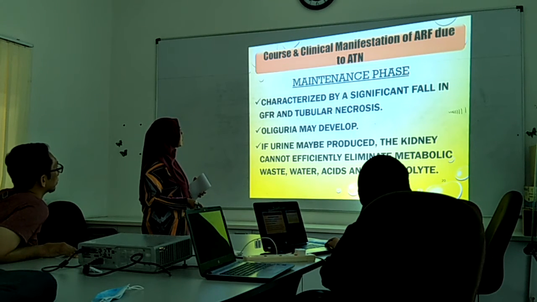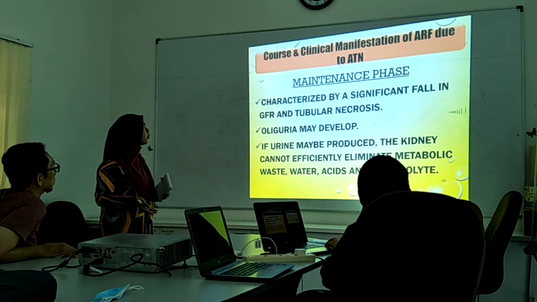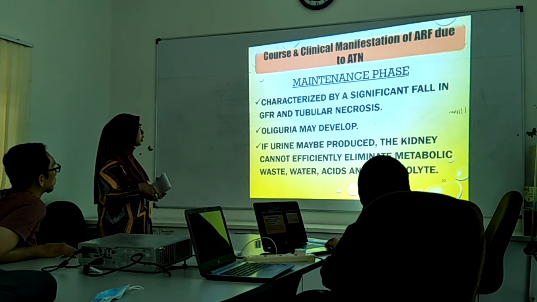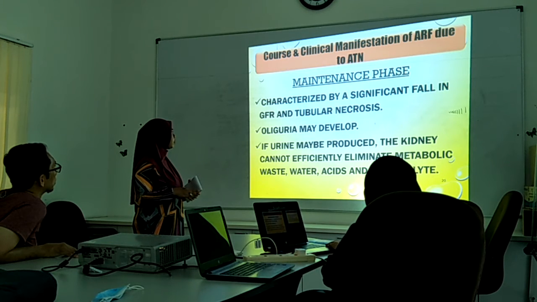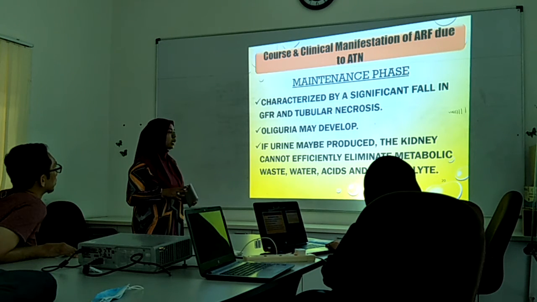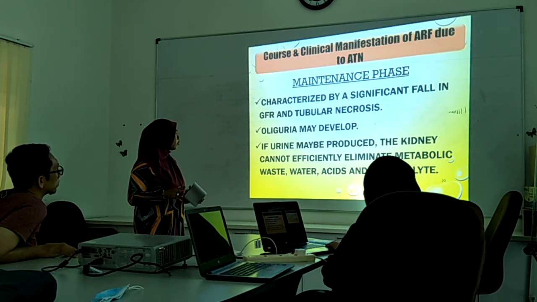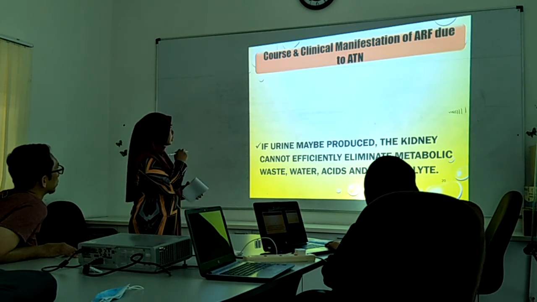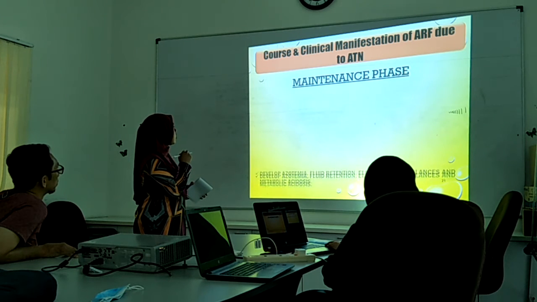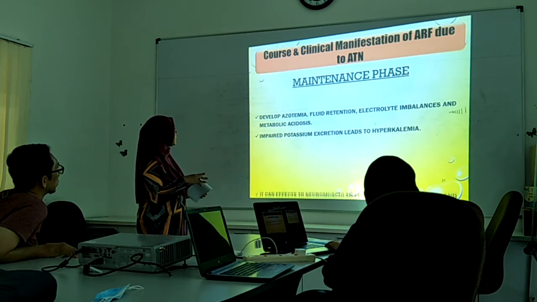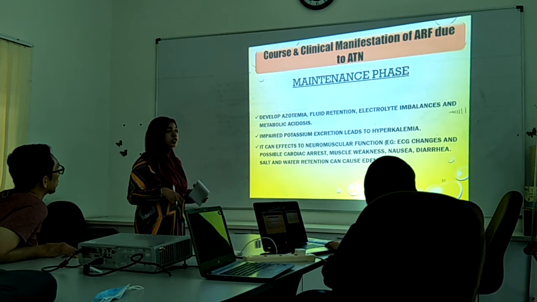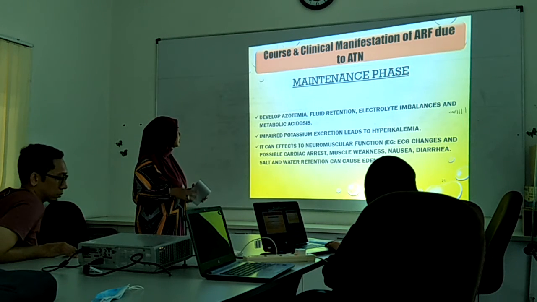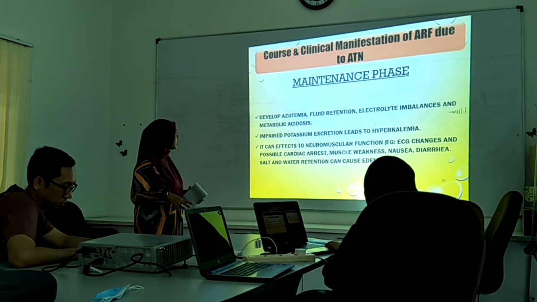Okay, the maintenance phase is characterized by a significant fall in GFR and tubular necrosis; oliguria may develop. If urine is produced, the kidney cannot efficiently eliminate metabolic waste, water, acids, and electrolytes. Okay, next. For the maintenance phase, the patient will develop azotemia, fluid retention, electrolyte imbalance, and metabolic acidosis.